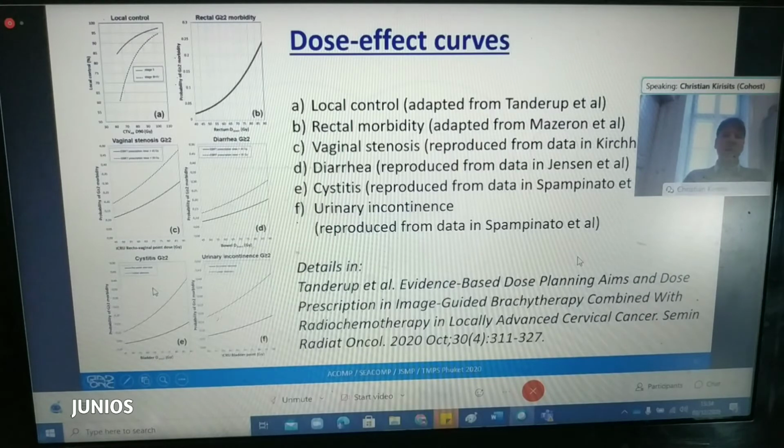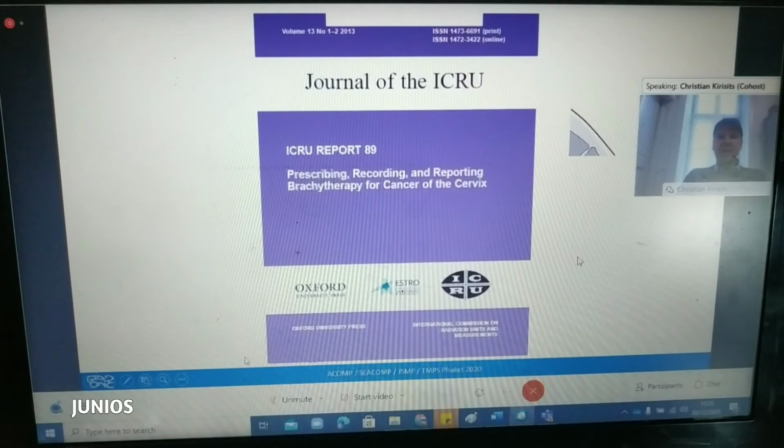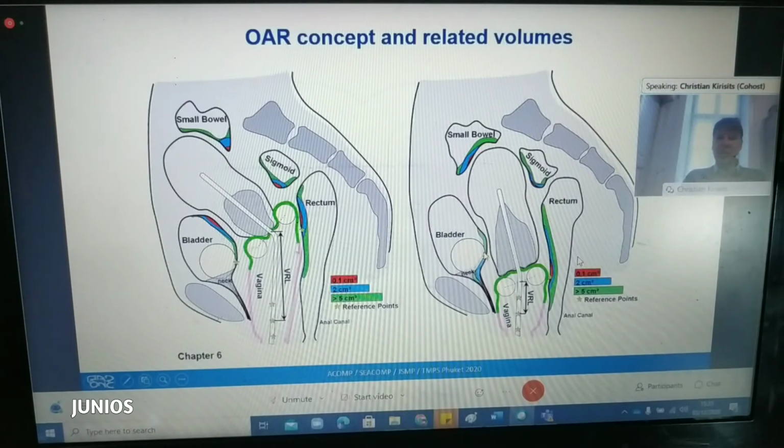And now I could go on with cystitis for the bladder and also for the ICRU bladder point with urinary incontinence. So you can see here cystitis is more related to the whole bladder, to the D2cc, to the whole volume, and urinary incontinence is related more to the ICRU bladder point. Why? Because the ICRU bladder point actually gives the dose here at the bladder neck, which is more related to this incontinence.